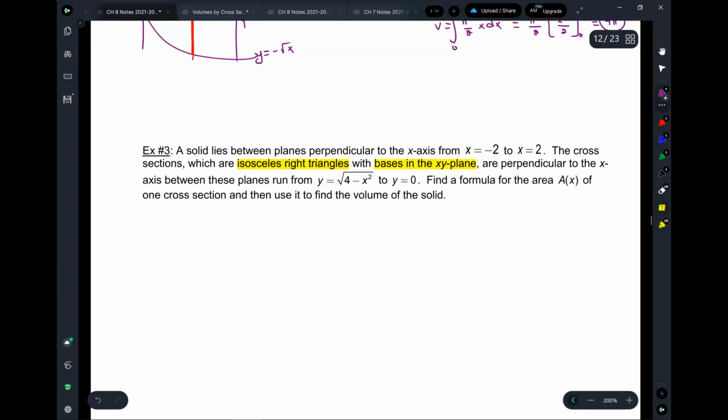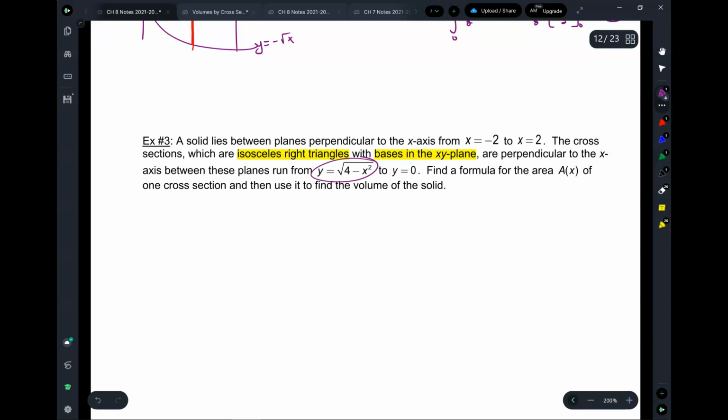Okay, so let's just draw this. What shape is this? That's a semicircle. Semicircle. From -2 to 2.